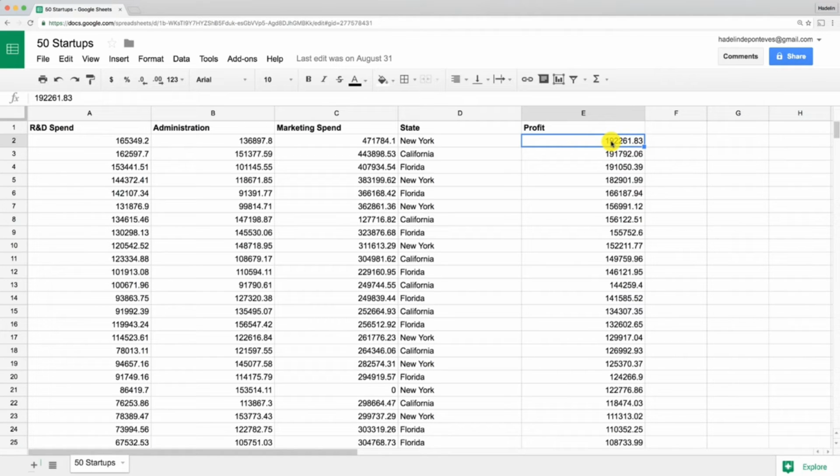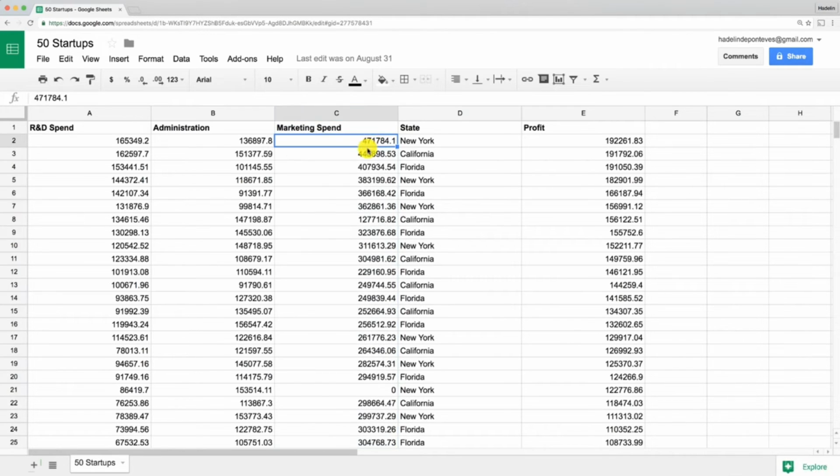But what they're looking for is this is a sample, and they want to understand, for instance, where companies perform better, in New York or California, all other things held equal, or which companies perform better if you hold these columns equal. Right? Will a company that spends more on marketing perform better, or a company that spends less on marketing?